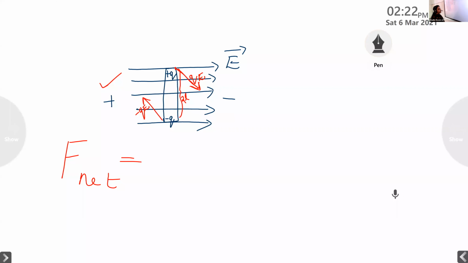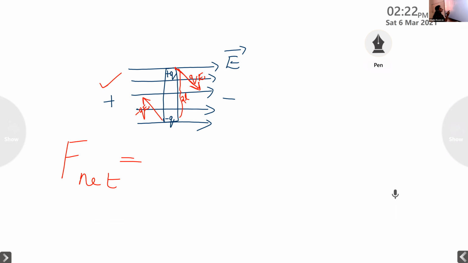Yes, Gauri? Sum of the individual forces. Yes, the net force experienced on this entire dipole is the vector sum of the force due to individual charges. That is the force due to plus Q charge and also the force due to minus Q charge.